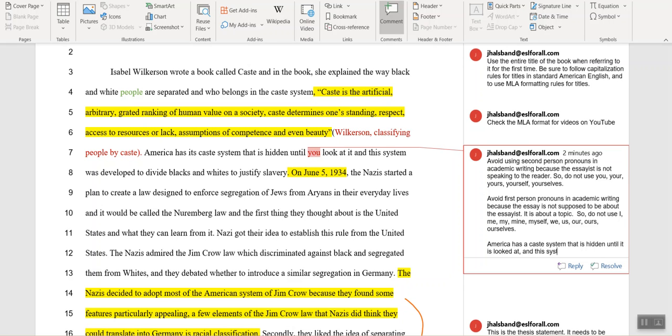And this system was developed to divide black and white people to justify slavery.